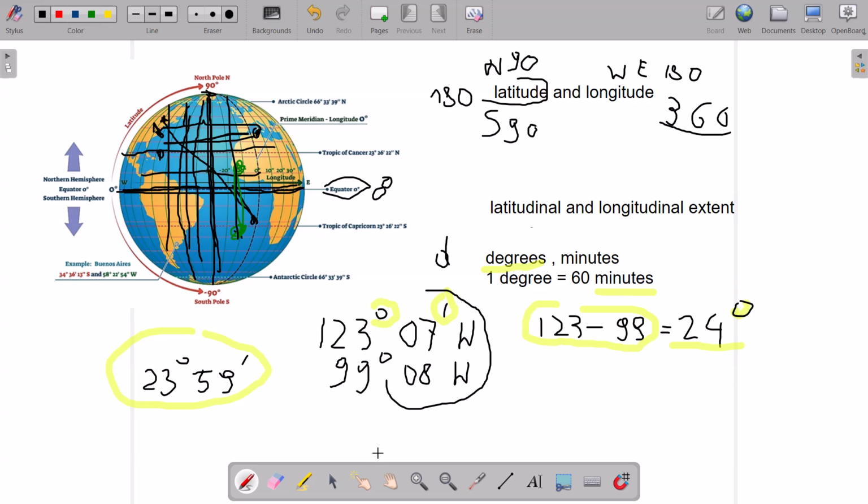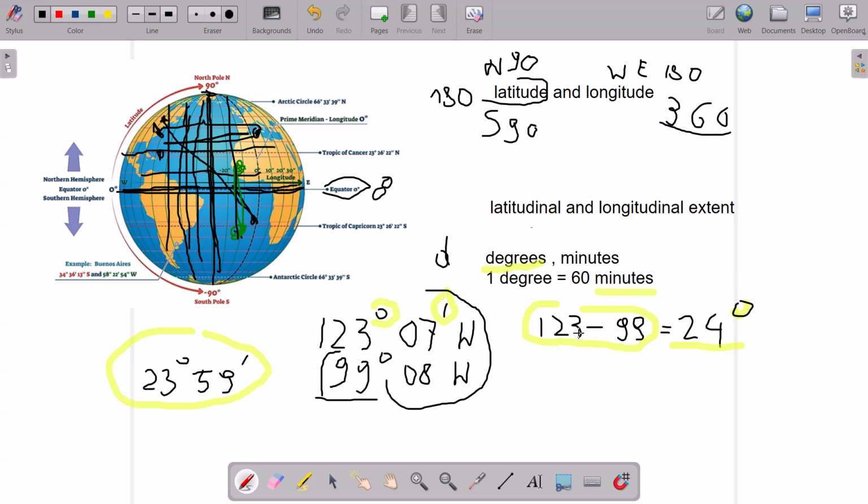So I found an easy way to do it, and I'll show you how I do it. Maybe somebody does it differently. So what I do is that if a point is on the same hemisphere, I don't deduct the exact value here.